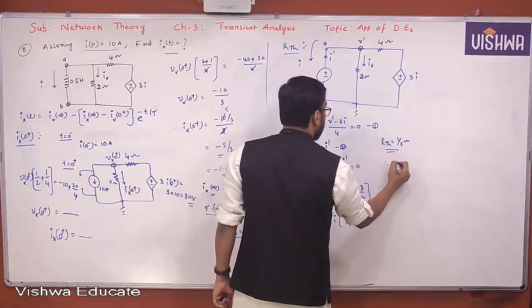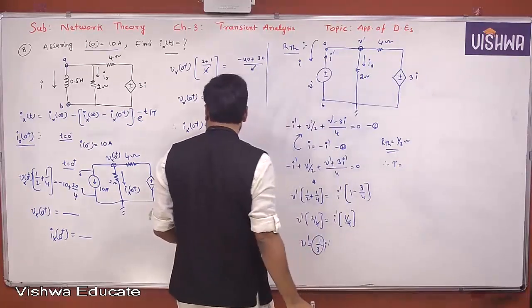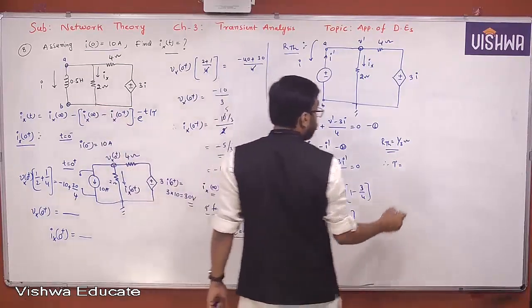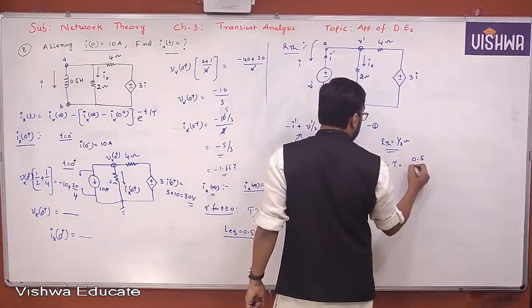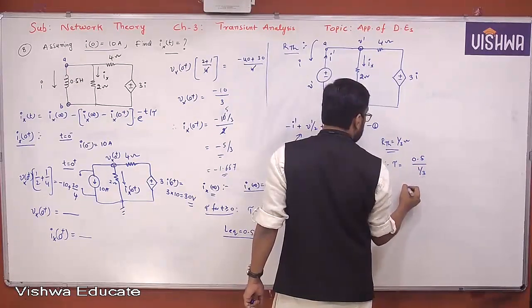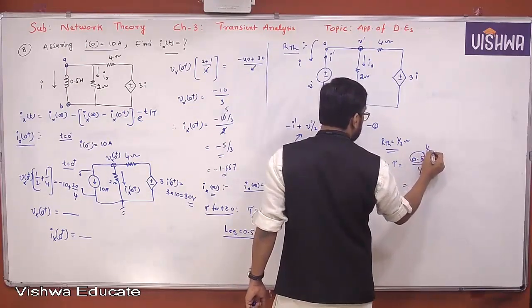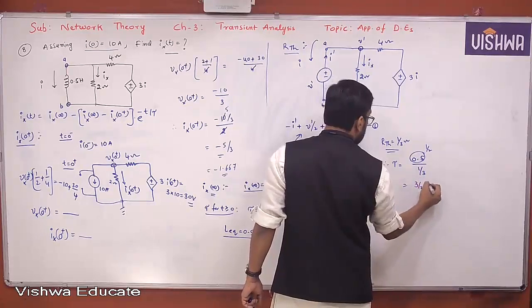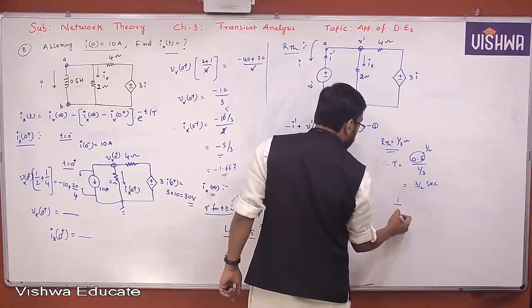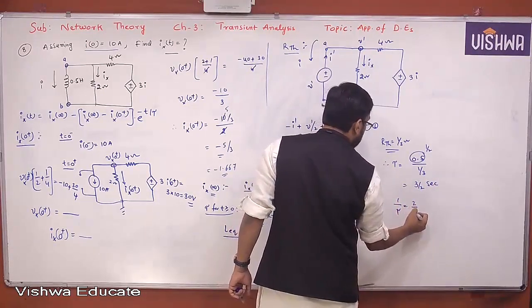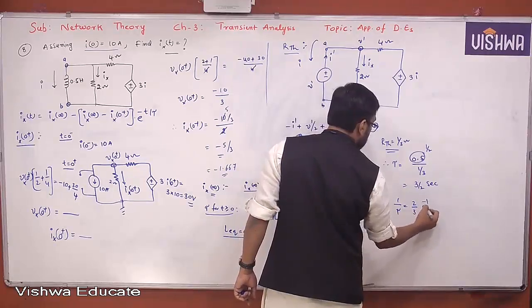Therefore, tau is nothing but 0.5 divided by 1 by 3. So this is nothing but 1 by 2 divided by 1 by 3, that is 3 by 2 second. 1 by tau is nothing but 2 by 3 second inverse. Yes or no, all of you?